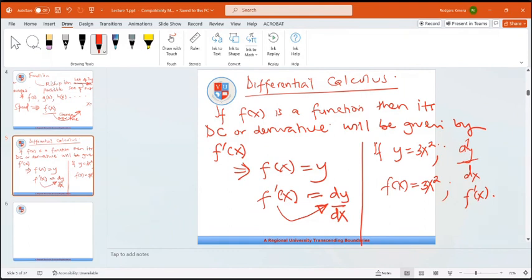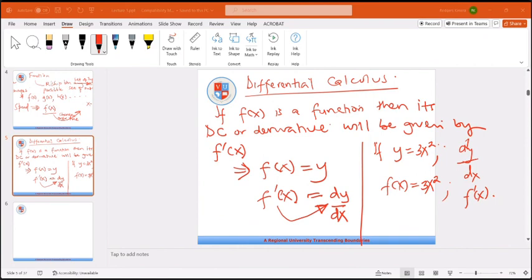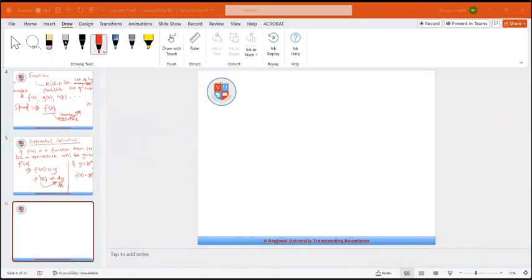Now, how do we progress from f(x) to f prime?